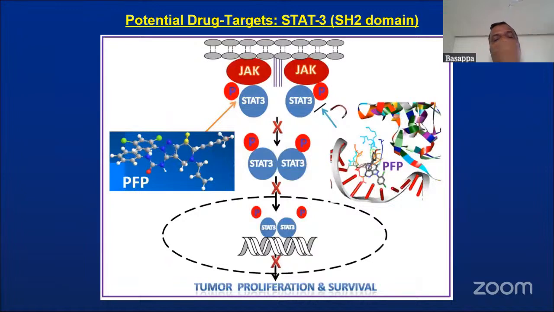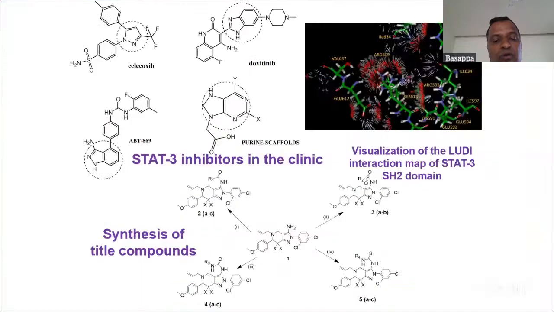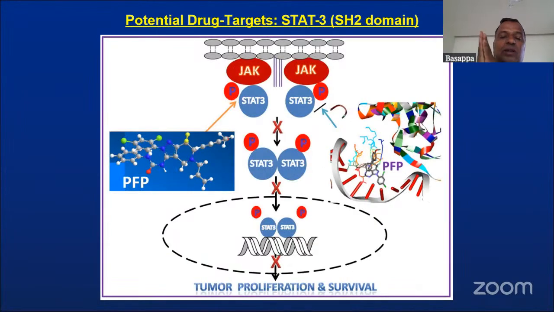And another drug target of our interest was STAT3, where the SH2 domain of STAT3 is considered, which has a phosphorylation site. We did these studies when I was a postdoctoral student at the Singapore MIT research center.